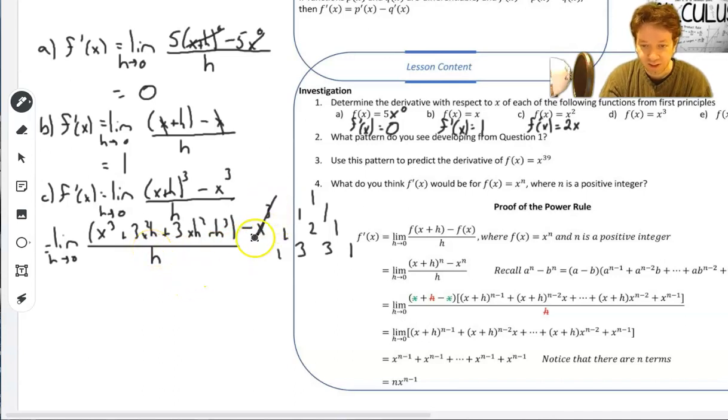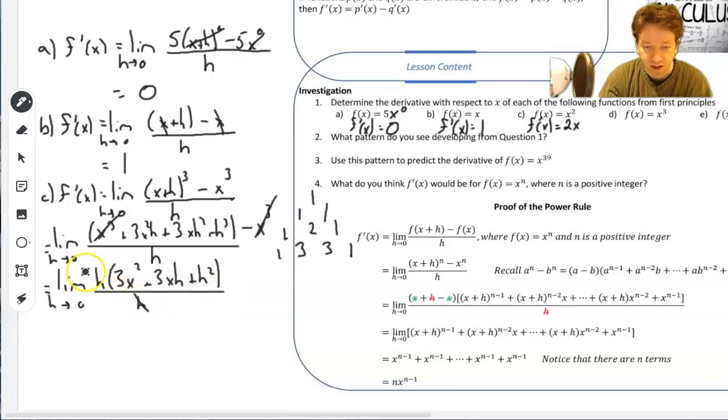All right, so that x cubed is going to go with this one. And then with our remaining terms, we can factor out an h. So we have the limit as h approaches 0 of h times 3x squared plus 3xh plus h squared all over h.